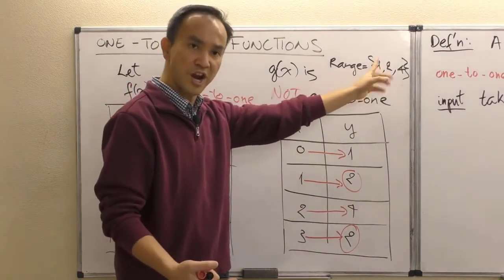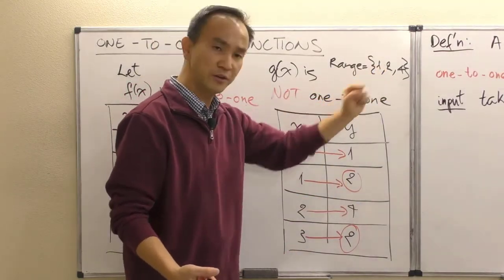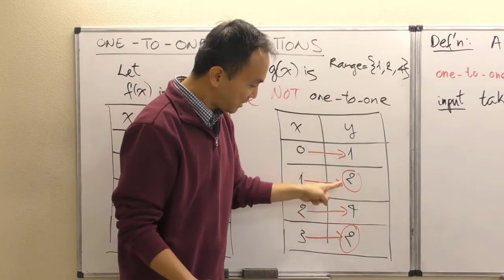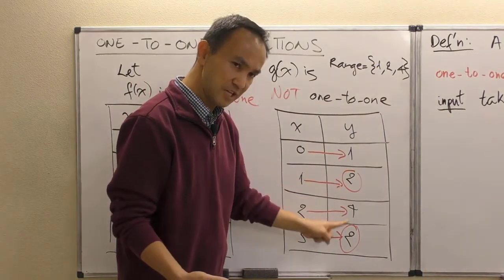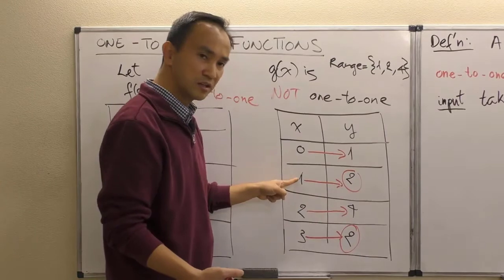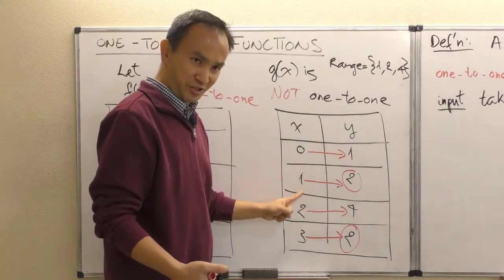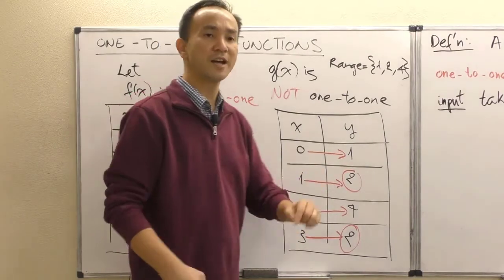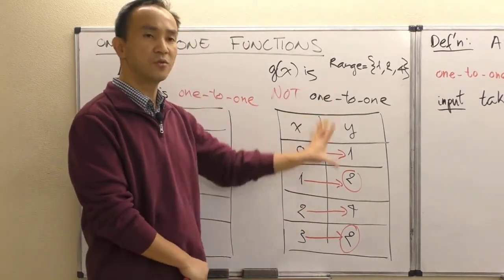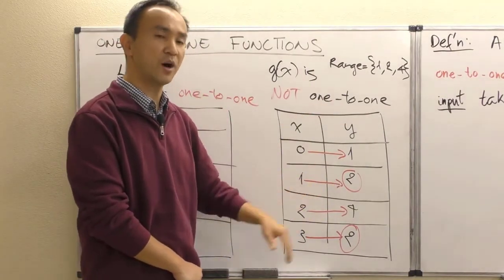The range of this function is only 1, 2, and 4. So for this output value right here, there was not only one input taken to it. And this is the reason why this function fails to be one-to-one.